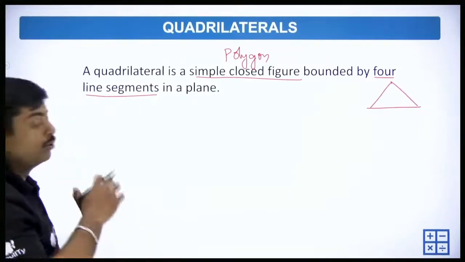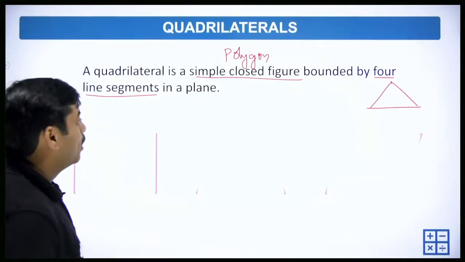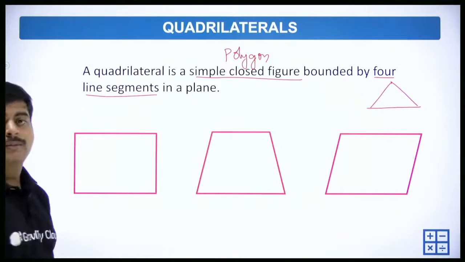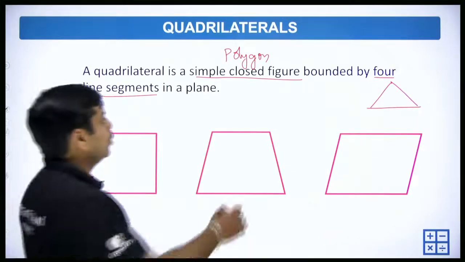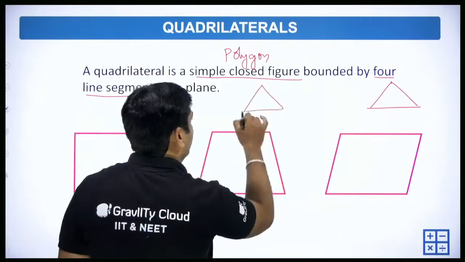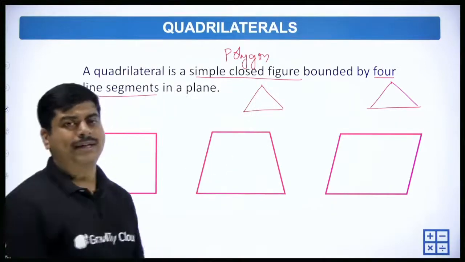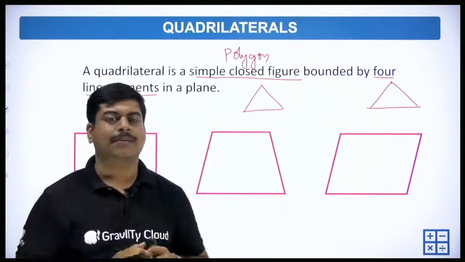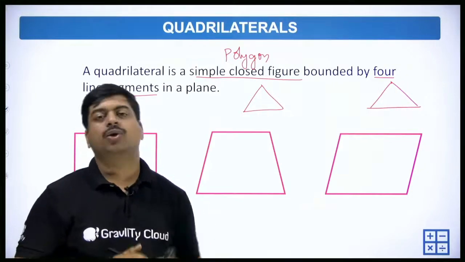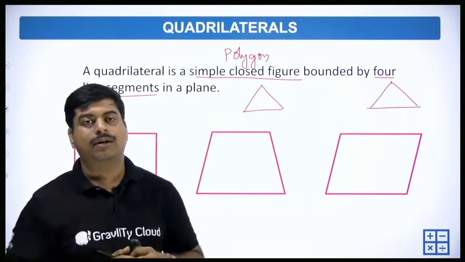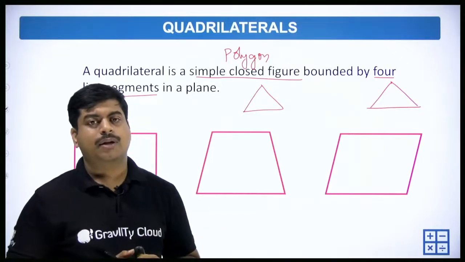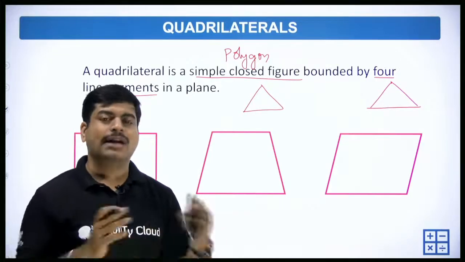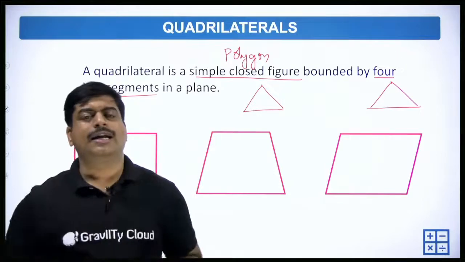So how will that quadrilateral look? Triangles are named based on side lengths, isosceles, equilateral, scalene, and based on angles, obtuse, acute, right-angled triangle.